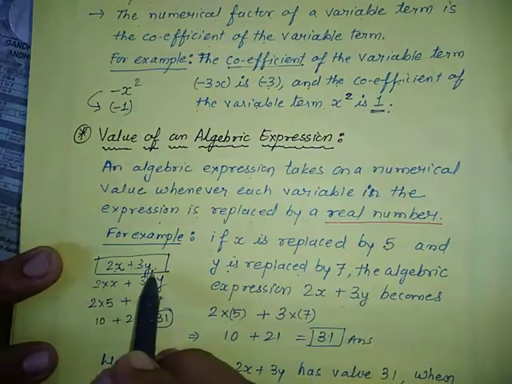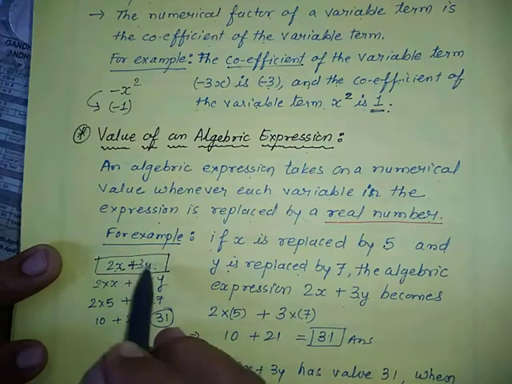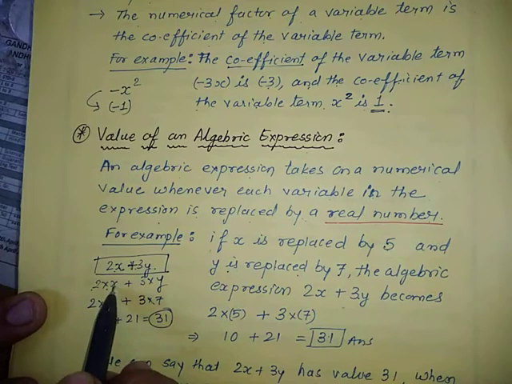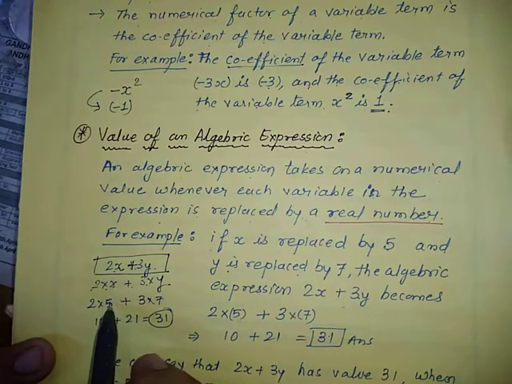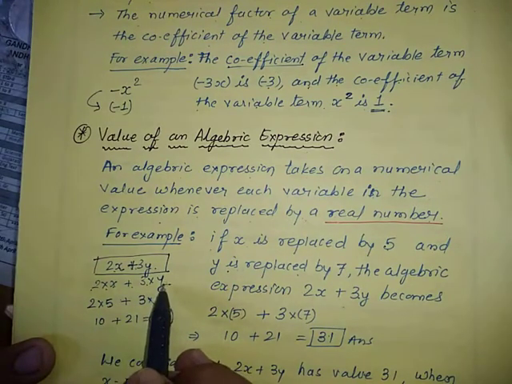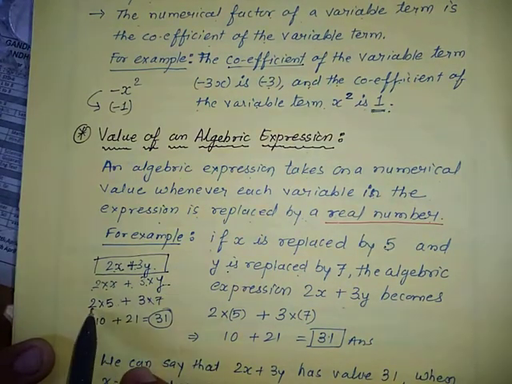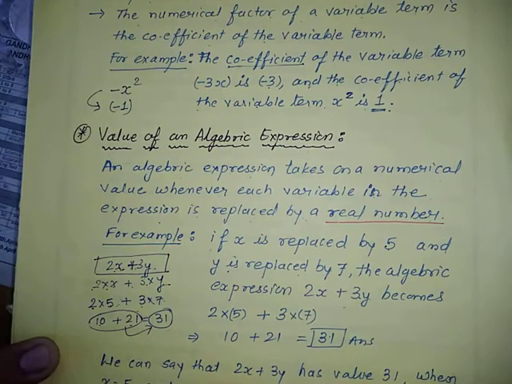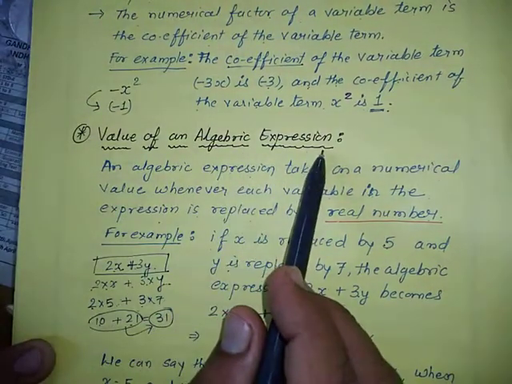This expression means 2 is multiplied with x, then added, then 3 is multiplied by y. So 2 fives are 10 and 3 sevens are 21, and the summation of these two gives us 31. So 31 is the value of the algebraic expression.